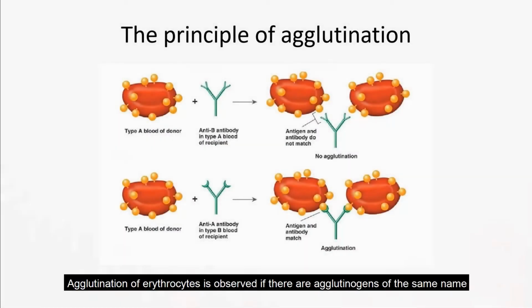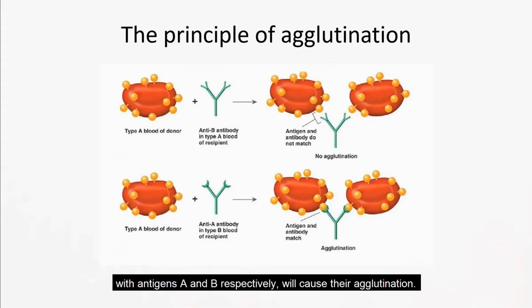Agglutination of erythrocytes is observed if there are agglutinogens and agglutinins of the same name. In the blood serum, there are two different types of antibodies or agglutinins, anti-A or alpha and anti-B or beta. Thus, anti-A and anti-B antibodies reacting with antigens A and B respectively will cause their agglutination.